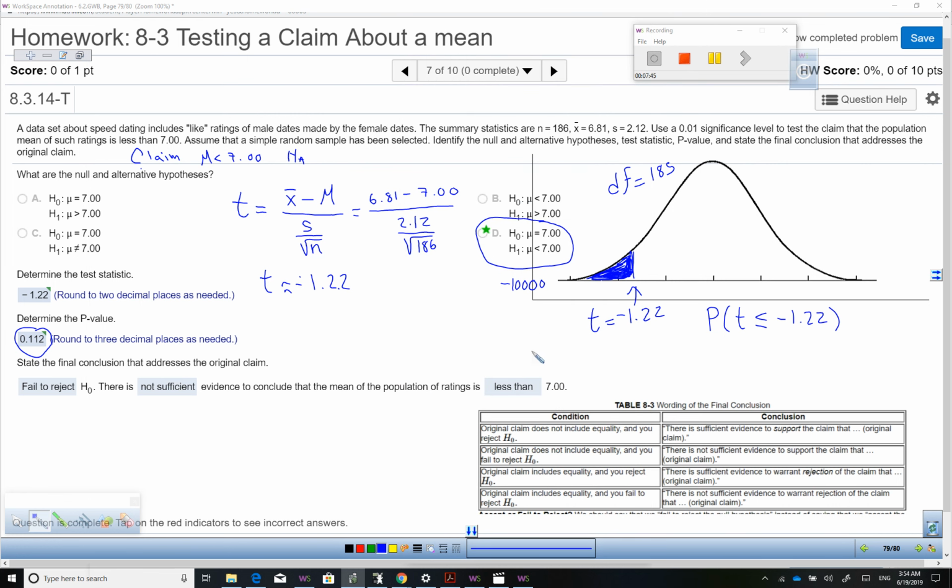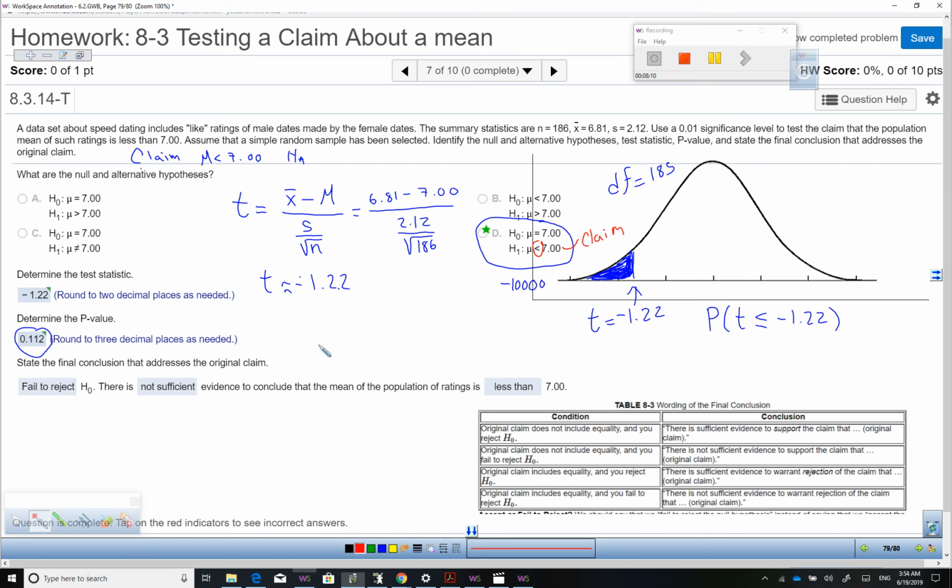Now, the last part is the conclusion. Okay, for that I need to know what my claim is. My claim is the alternative hypothesis. So my claim does not contain equality. Okay, it has to be one of these two, and I need to know if I reject or fail to reject the null hypothesis.